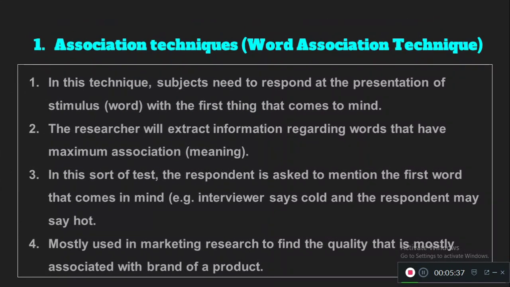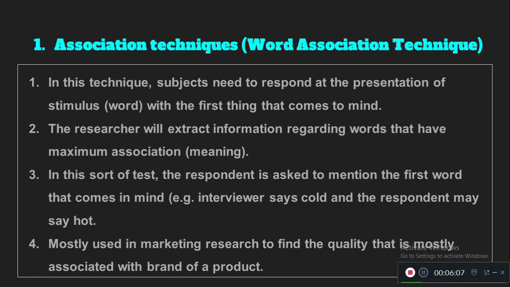First one is the association technique, that is, the word association technique. In this technique, subjects need to respond at the presentation of a stimulus. One word will be given as a stimulus to the subject. For the word which the examiner or investigator gives, the respondent should tell another word which comes to his or her mind.